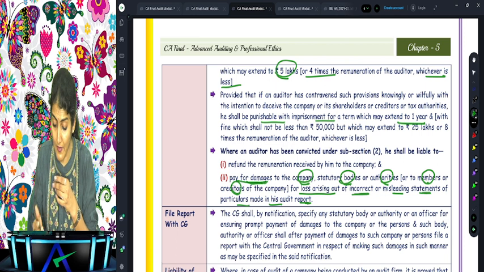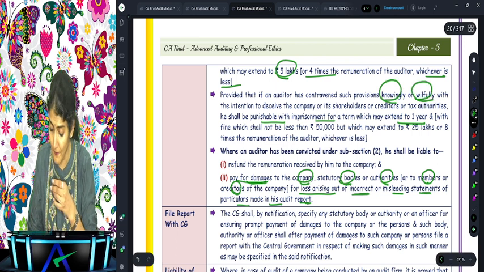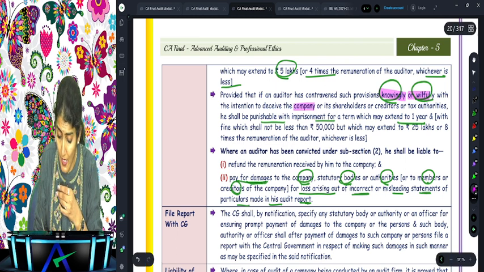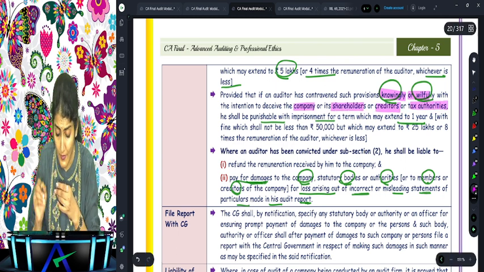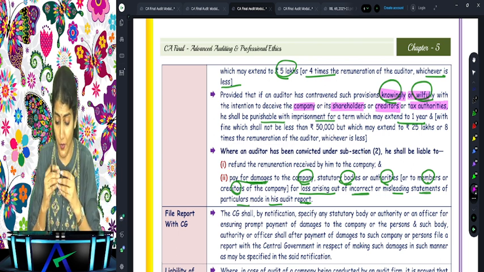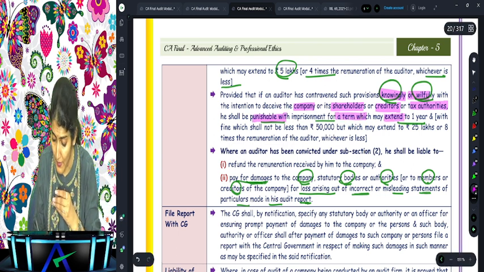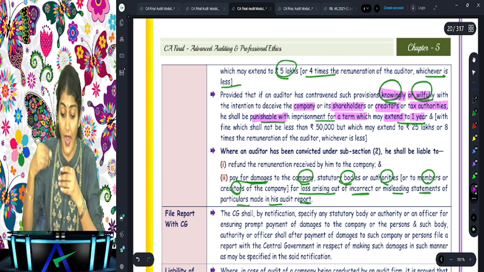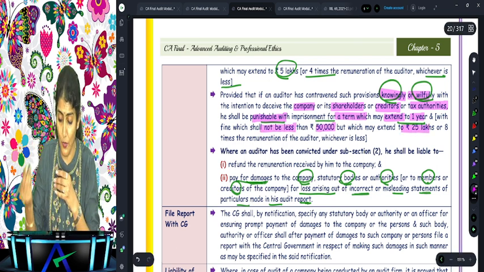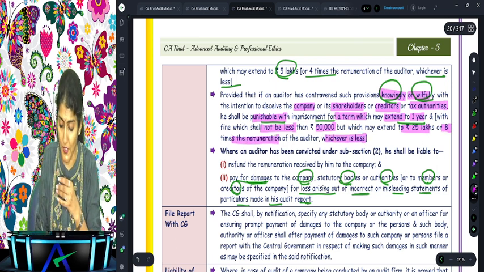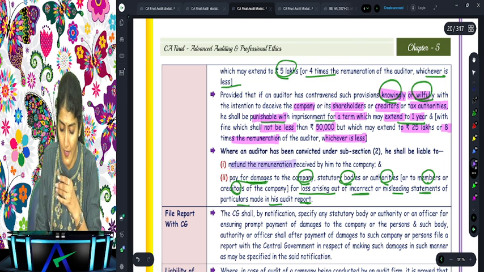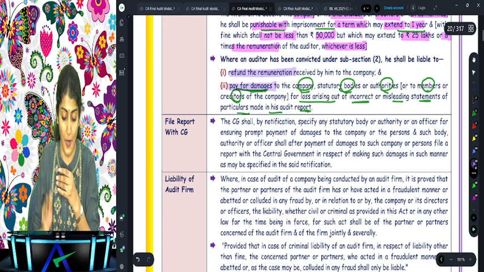However, if the auditor has contravened with these provisions knowingly or willfully, with an intention to deceive the company, shareholders, creditors or tax authorities, punishable with imprisonment for a term which may extend to 1 year, and with fine which shall not be less than 50,000 but which may extend to 25 lakh or 8 times the remuneration of the auditor, whichever is less. And in addition to that, what does it say? Refund the remuneration and pay the damages, right?